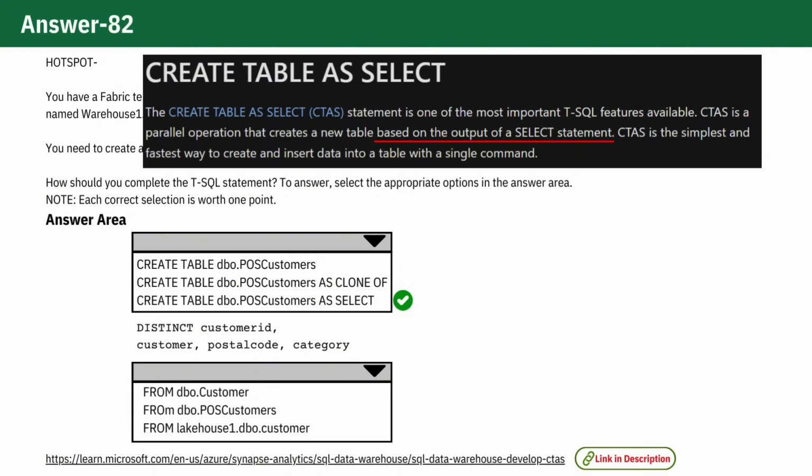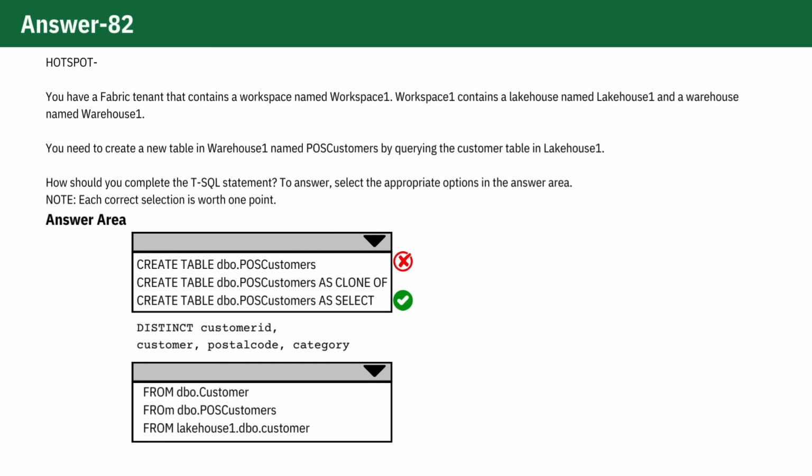Option: CREATE TABLE dbo.POS Customers is incorrect because this option would create an empty table with the specified name dbo.POS Customers. It doesn't use a select statement to populate the table with data from another table, which is required in this scenario.